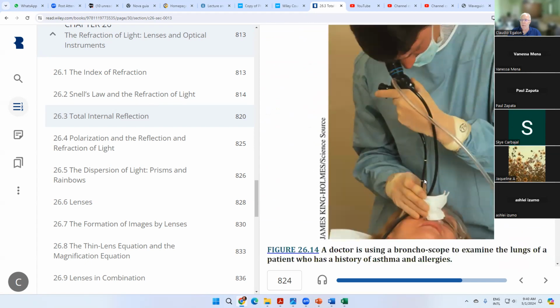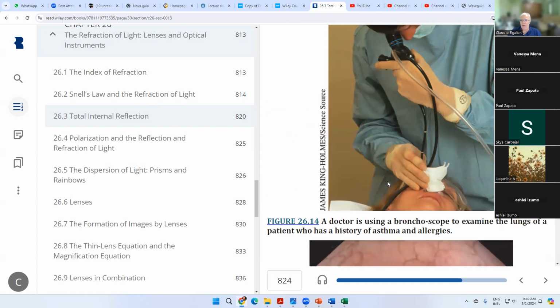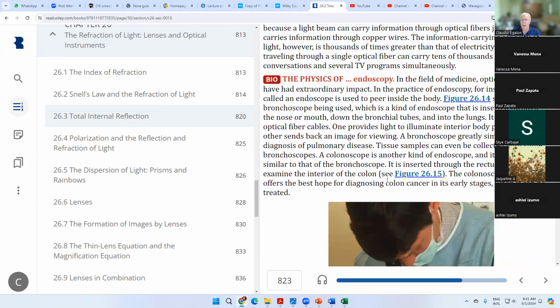Now we get into something that might be of interest to you all. There is something called endoscopes or endoscopy. We use optical fibers as an element of an endoscope.